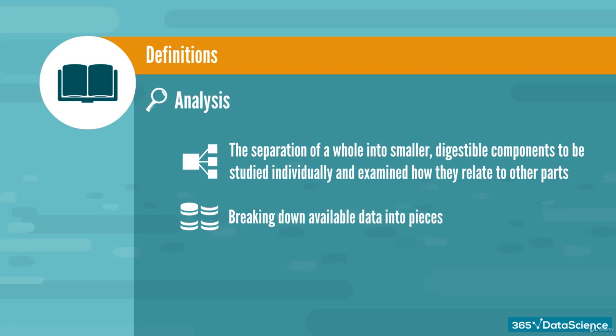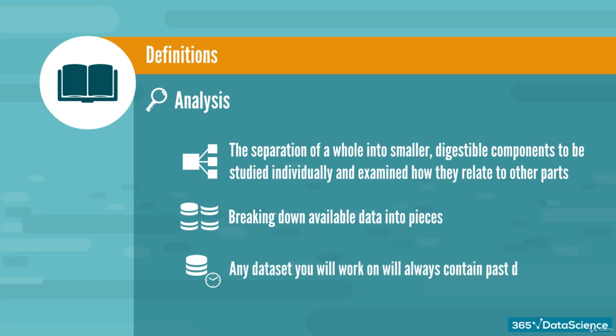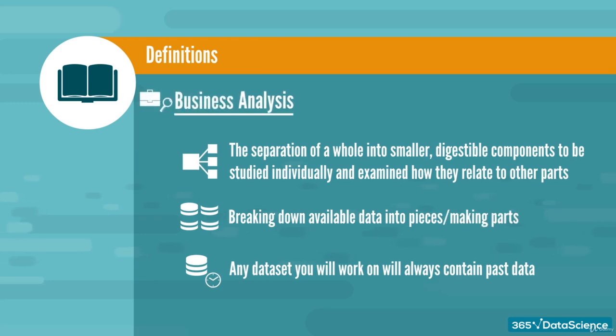This allows us to understand it a bit better and to focus on the most important drivers of change. It is also important to realize that any dataset you will work on will always contain past data. What we understand by past data is data about events that have already happened. Therefore, business analysis is the discipline that aims to study a firm's past performance.